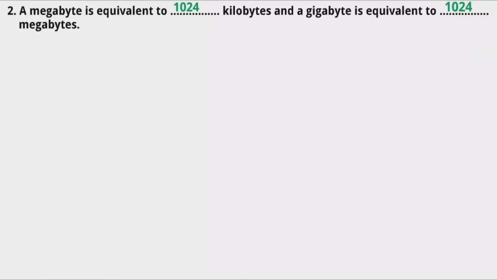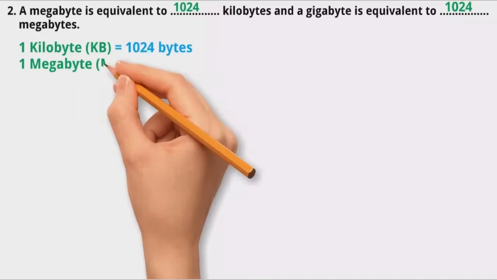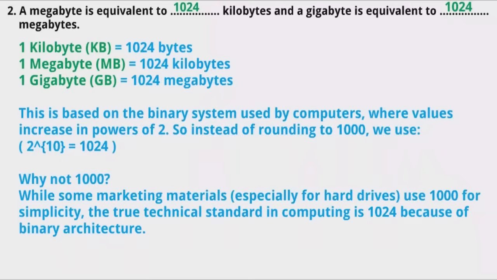In digital storage, data is measured using binary units. Here's how it works. 1 kilobyte, KB, equals 1,024 bytes. 1 megabyte, MB, equals 1,024 kilobytes. 1 gigabyte, GB, equals 1,024 megabytes.